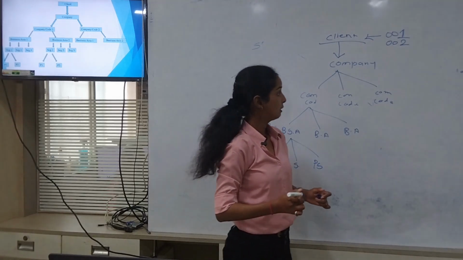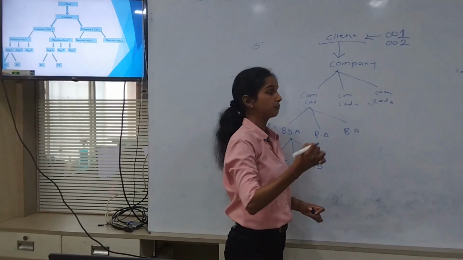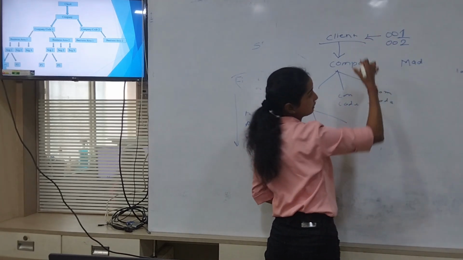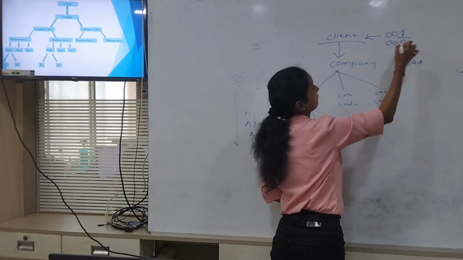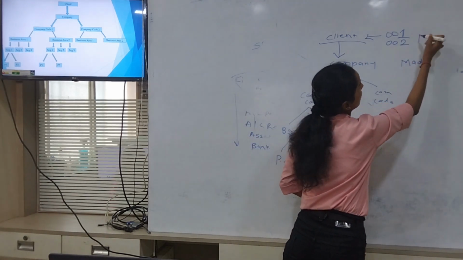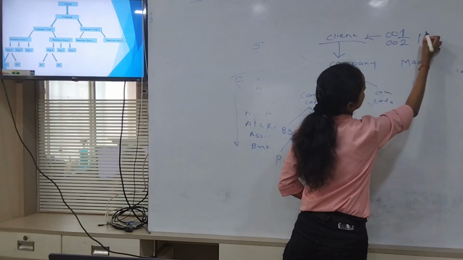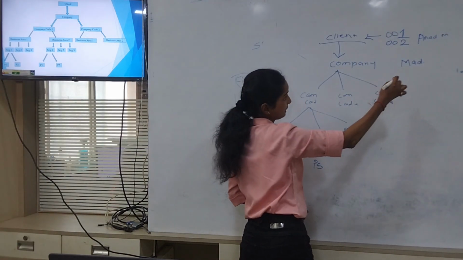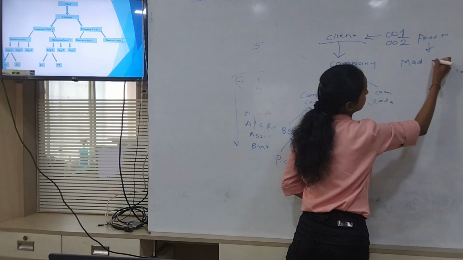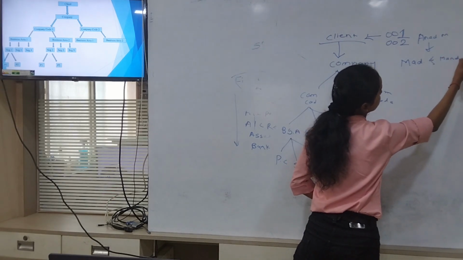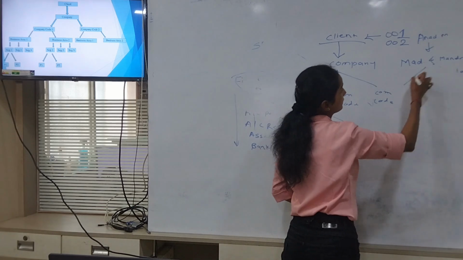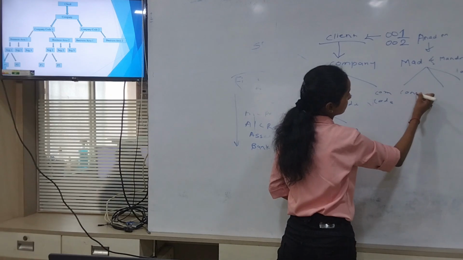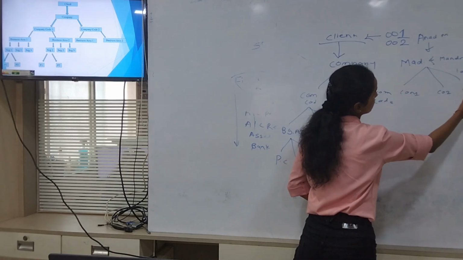Let's take the Mahindra and Mahindra group as an example. The owner of Mahindra is Anand Mahindra. The company is divided into several company codes: company code 1, company code 2 and company code 3.